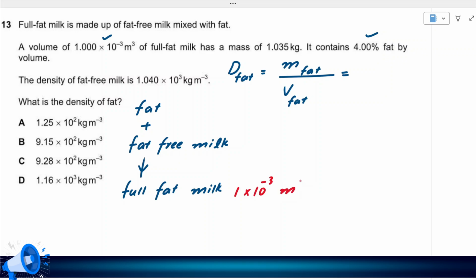This is the volume of the final product, but 4% of that volume comes from fat, and consequently 96% of the volume would come from fat-free milk. Now, what is 4% of this? We can find the volume of fat by finding 4% of this.